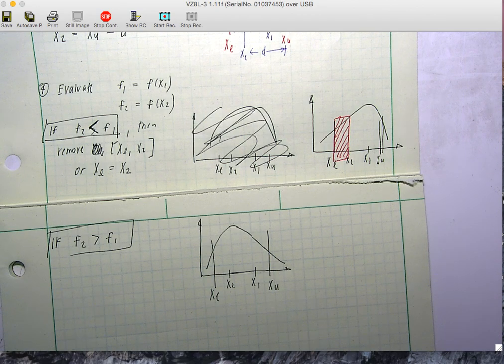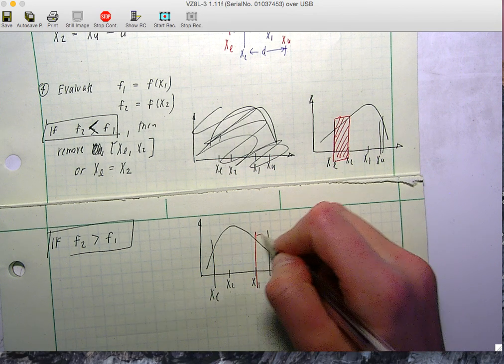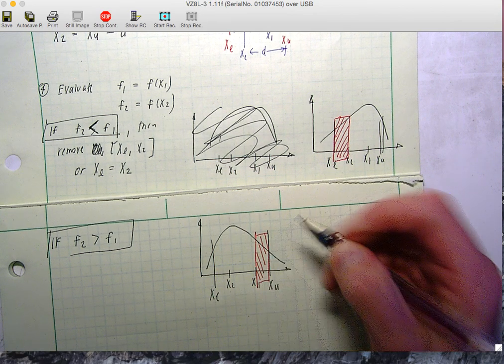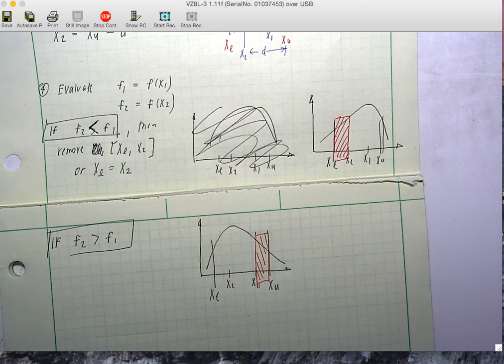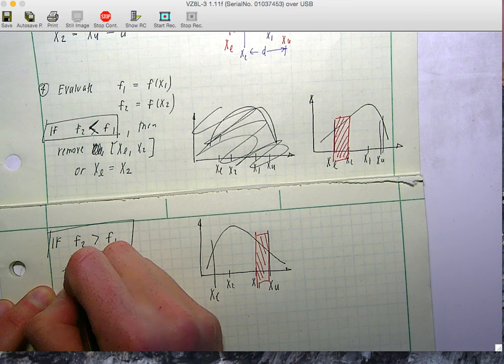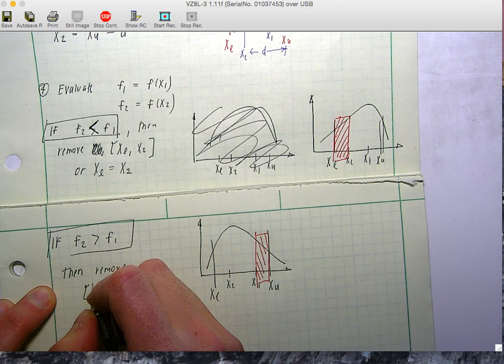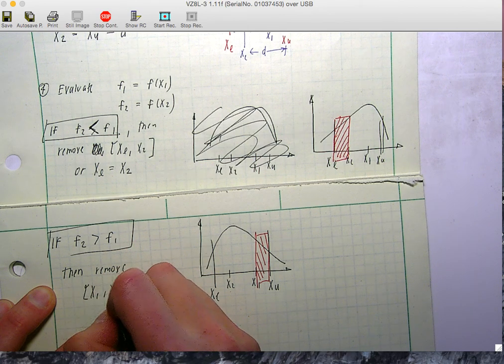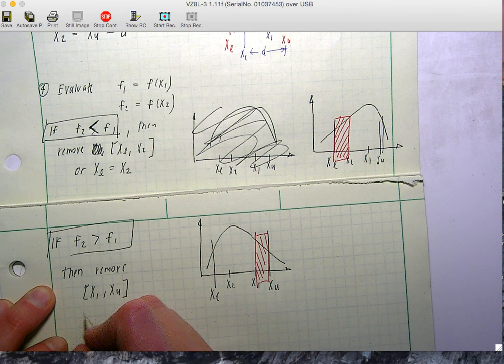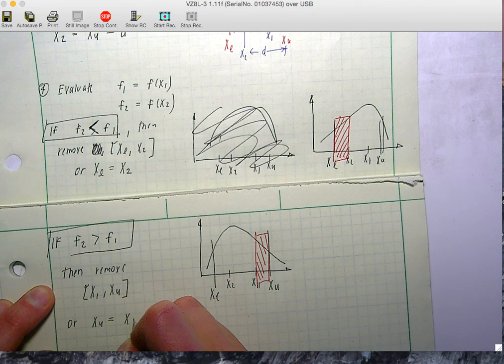So here you're going to remove this part of the domain. So that's removing from x1 to x upper, or it's the same as setting your x upper equal to x1.